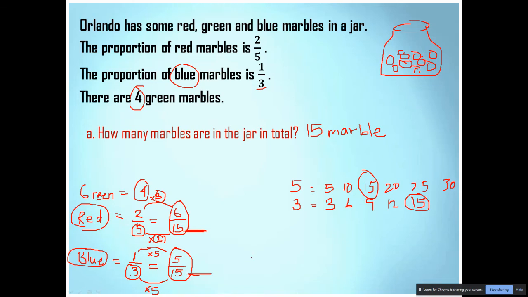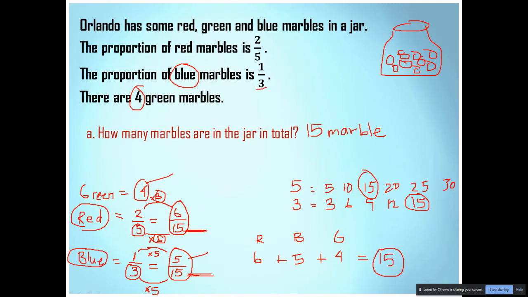So let's see, 6 red, how many blue? 5 blue, and how many green? 4 green. So if we sum up this, 6 plus 5 is 11, 11 plus 4 is 15.